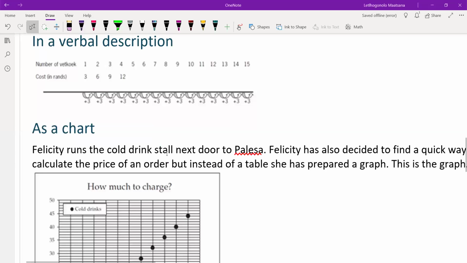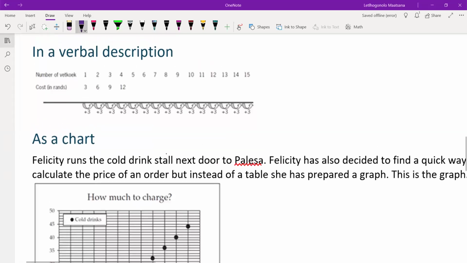We can represent it as a verbal description. So we can see here the number of vetkoeks and how much it would cost for you to buy those number of vetkoeks. So for 1 vetkoek, we will pay 3 rand, and 2 vetkoeks, that's going to be 6 rand, and 3 vetkoeks, that's going to be 9 rand and so forth.